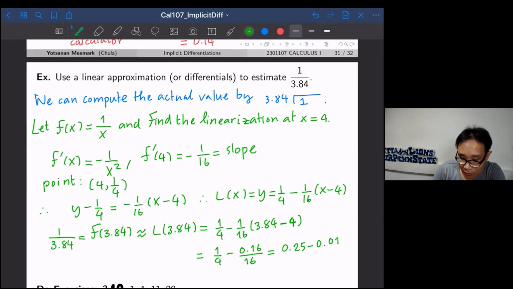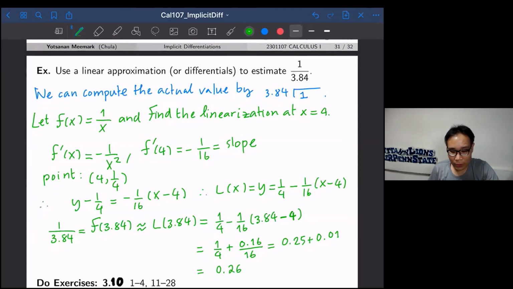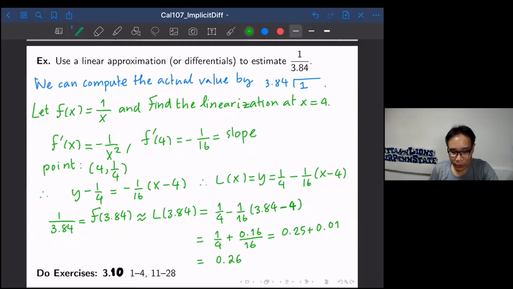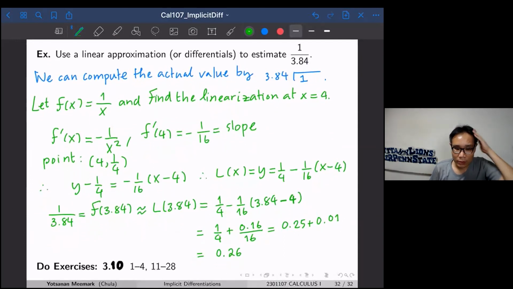Okay, so in this case, sorry, it's going to be positive. Sorry, it's going to be positive. So you get this equal to 0.26 for your final answer.